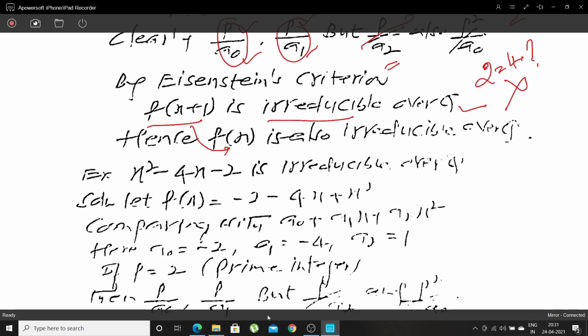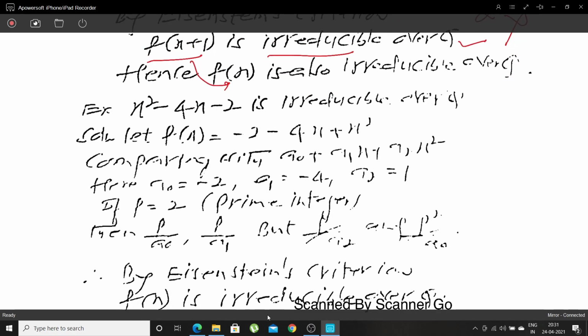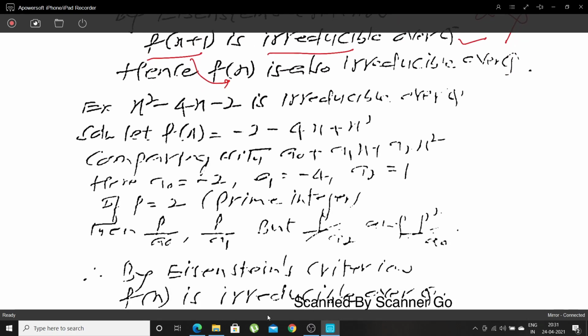Let me denote this polynomial as f of x equals minus 2 minus 4x plus x square, comparing with the standard polynomial, that is a naught plus a1x plus a2 x squared.